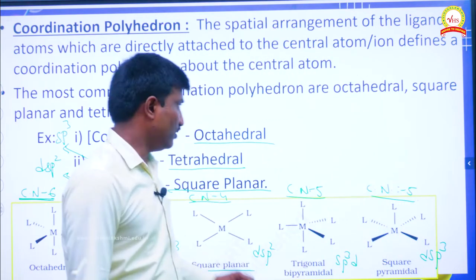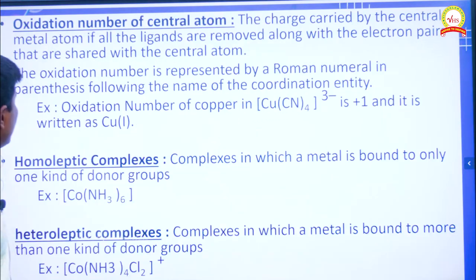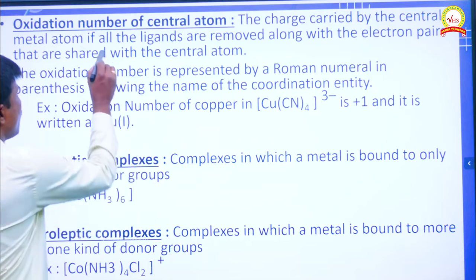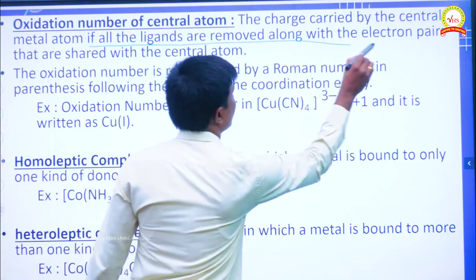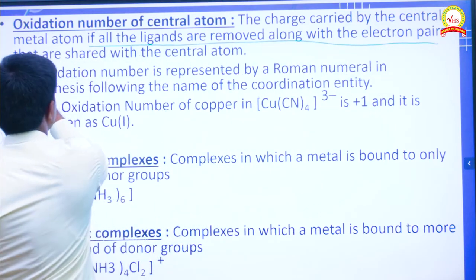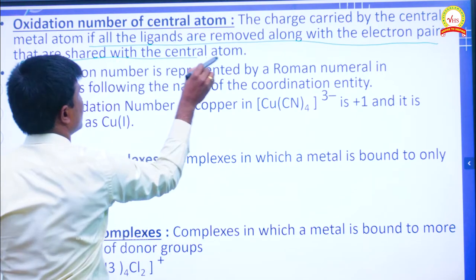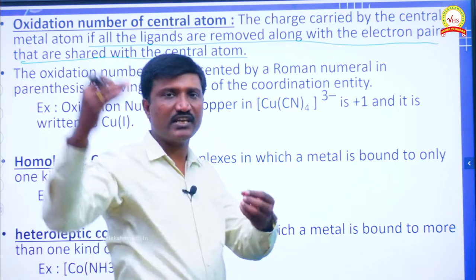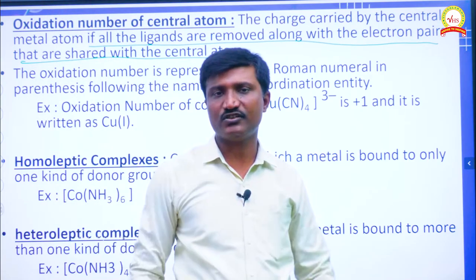Now we already discussed the oxidation number of the central atom: the charge carried by the central metal atom if all the ligands are removed along with the electrons that are shared with the central atom. When ligands bind with the central atom, they give or share their electrons with the metal atom.